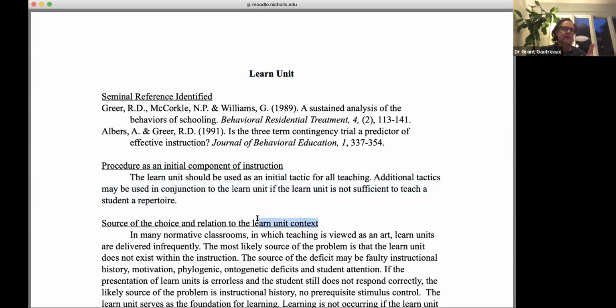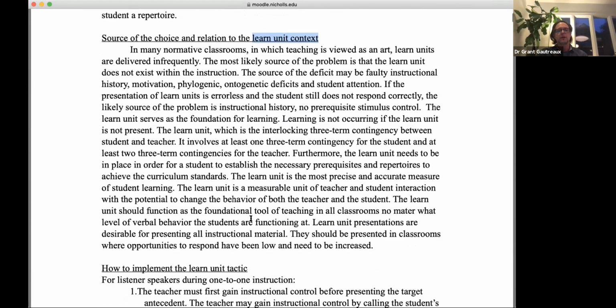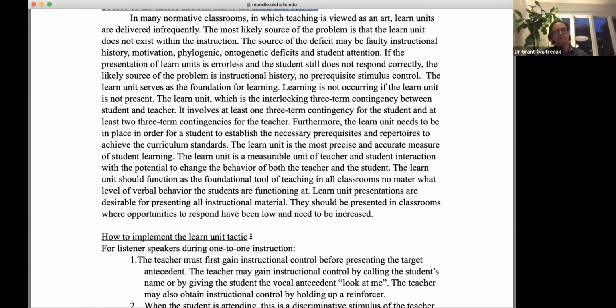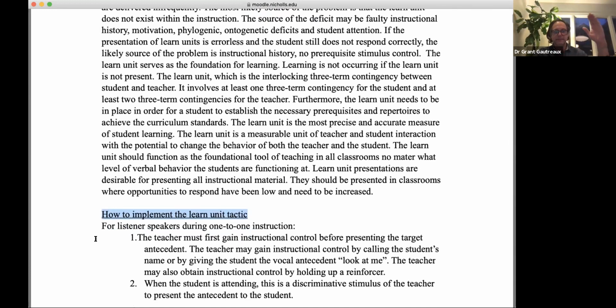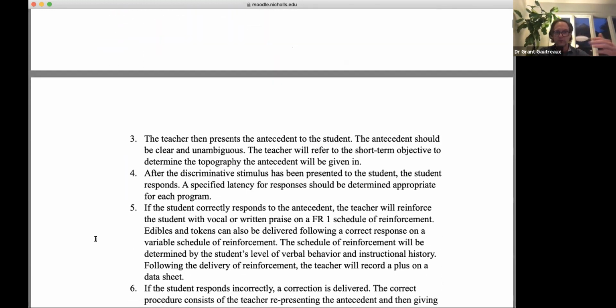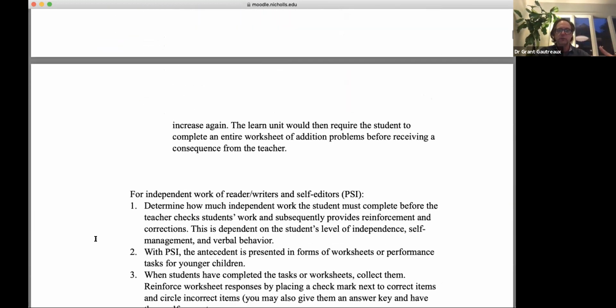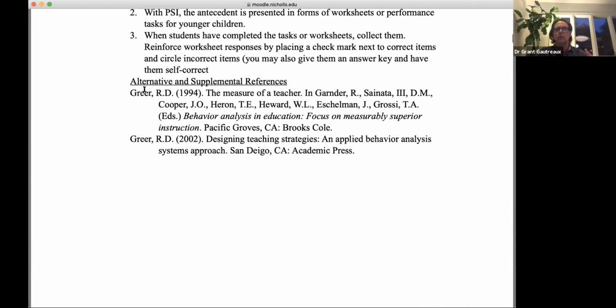Every tactic needs to be related back to that, because that's where you're going to be able to start making the connection to the problem and the principle. And then the next part is how to do it. Step by step, 1, 2, 3, 4. And then you finish with what are some more recent supplemental references.